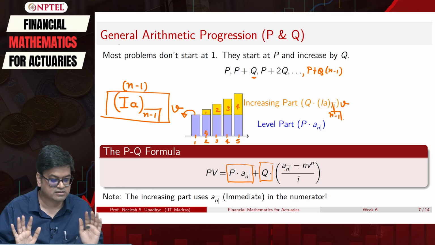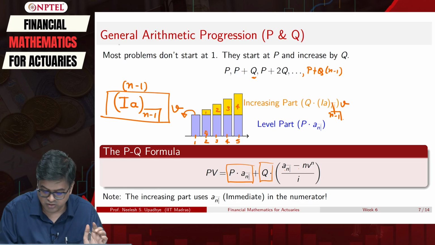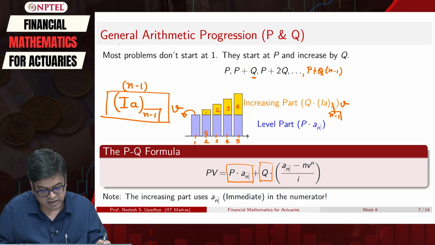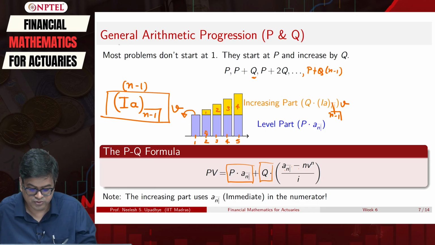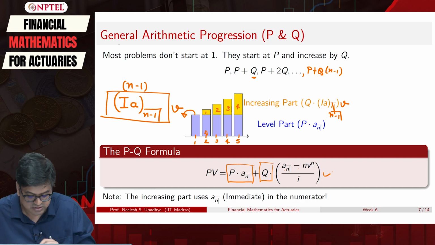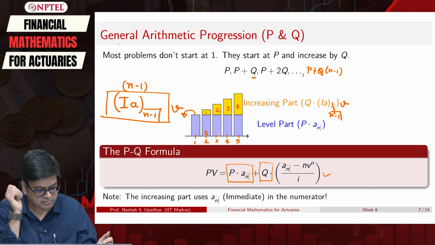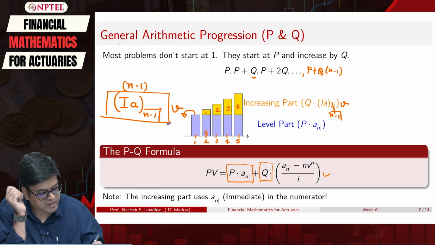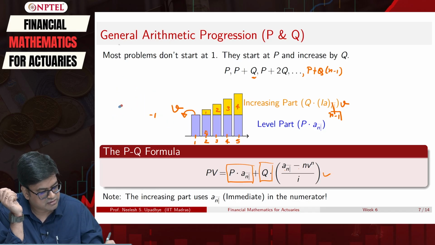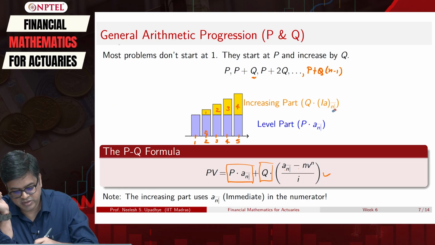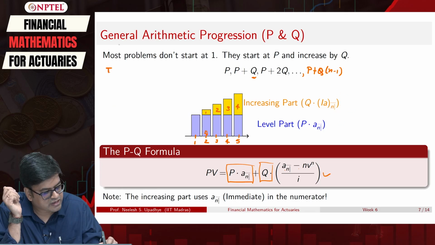So, these are the minor complications that we have, and now I want to show that this particular calculation actually turns out to be this, okay. So, let us do that one by one. Let me erase some part here, and let me erase some part here. So, now let us look at (Ia) angle n minus 1.